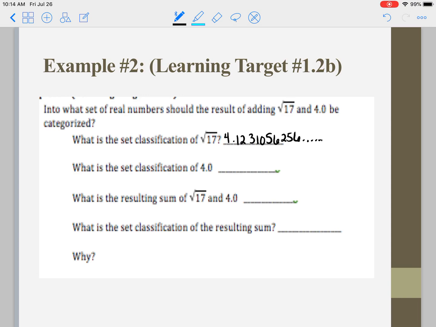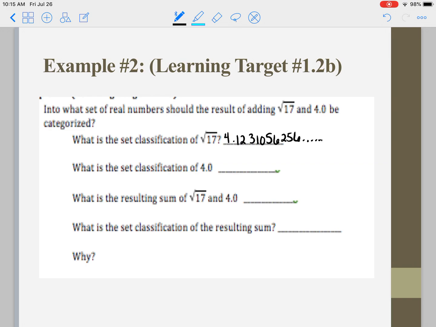Now, thinking about the definitions of each, a rational number is a decimal that either repeats or terminates. Looking at the decimal form of the square root of 17, we realize that it does not terminate, it goes on forever, and there is no discernible repetition or repeatable pattern within the decimal.